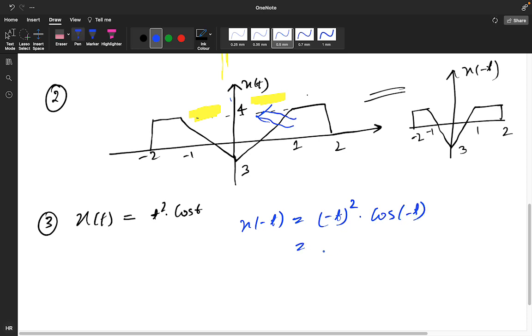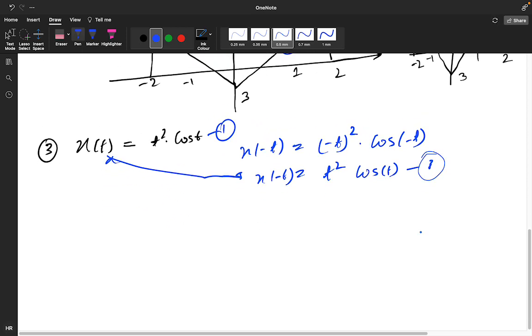Minus t whole square is t square only, and cos of minus t is cos t only. So x of minus t comes out equal, equation 1 and equation 2 are equal. So what can we say about this signal? This is an even signal.